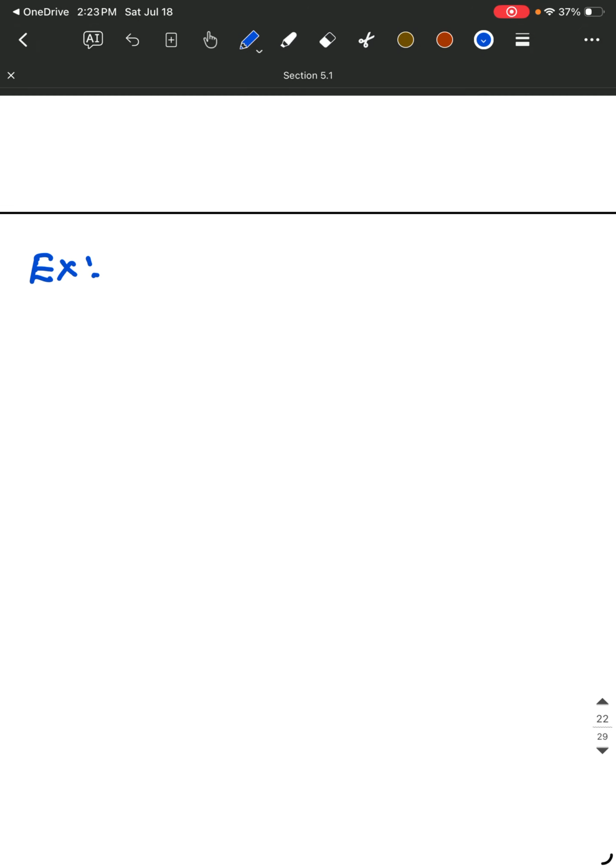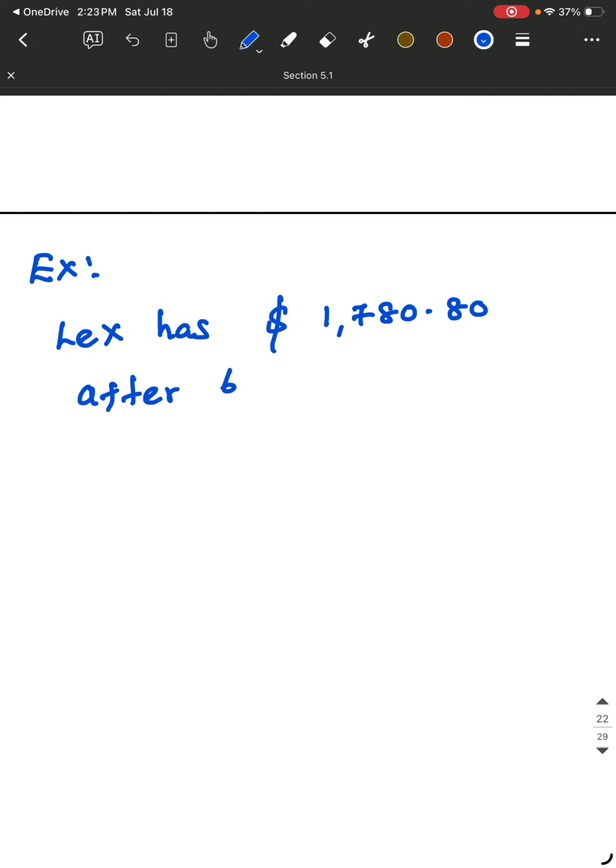Example: Lex has $1,780.80 after 6 years, earning 6.8% compounded annually.